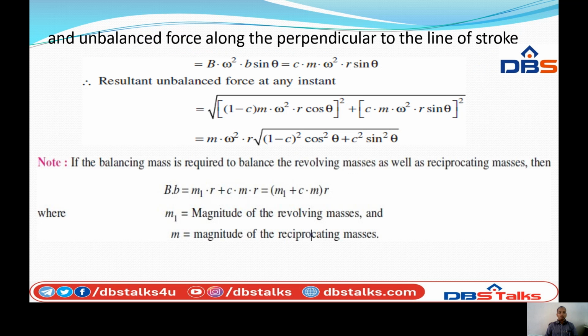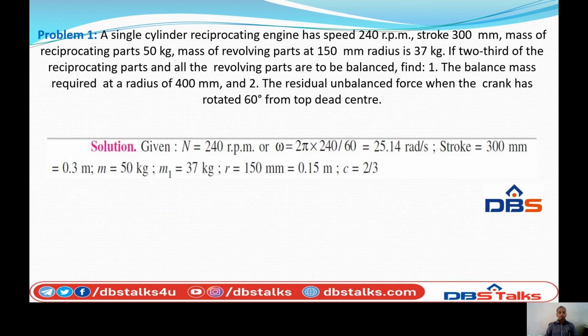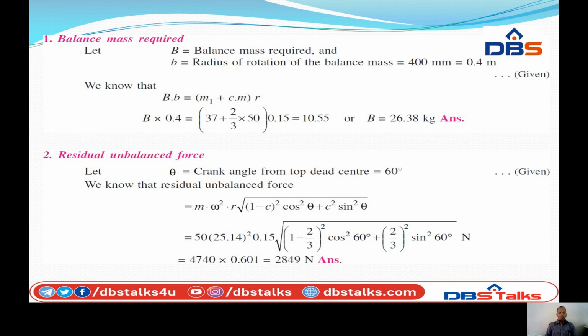So this is the main formula. There we substitute 50, the reciprocating mass only. By substituting all the values we get the final answer as 2849 newtons. So these are very simple problems in reciprocating masses. Simply remembering the formula is enough to solve the direct problems.